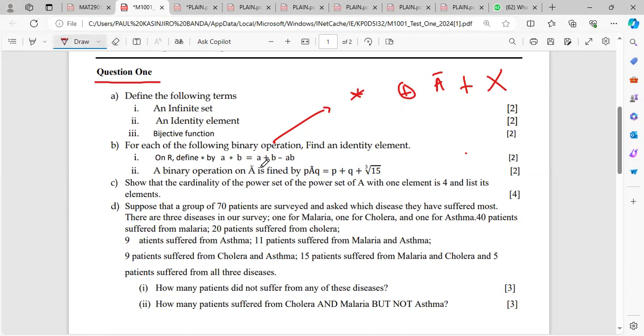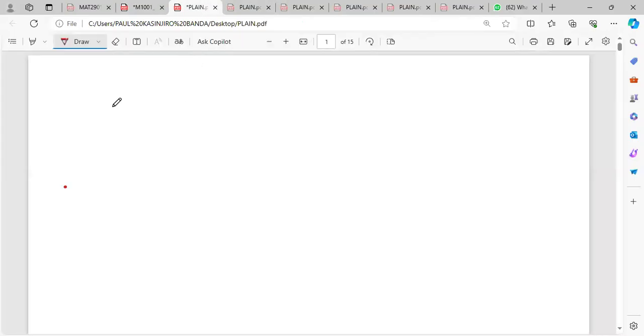Okay, so we are saying for each of the following binary operations, find an identity element. For each of the following, which means 1 there and 2, find an identity element. Okay, so the first one, they're saying define star by A star B is equal to A plus B minus A multiplied by B. So this is what we have on number 1 there.